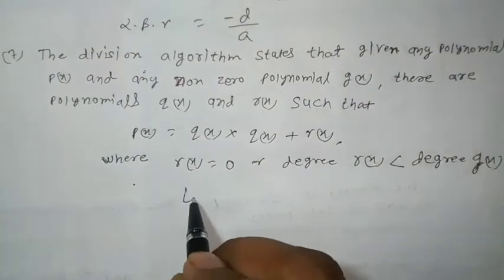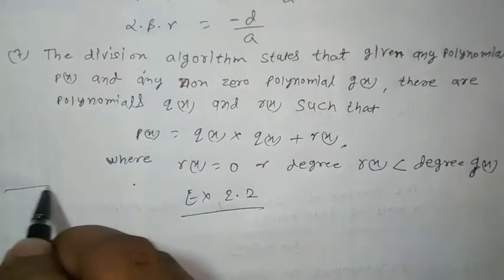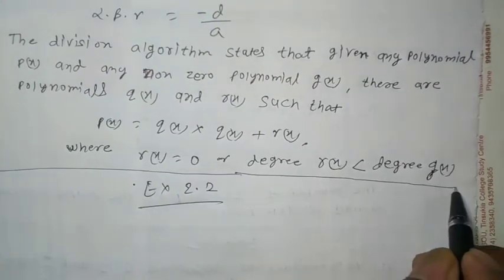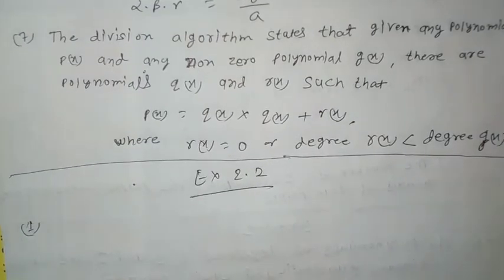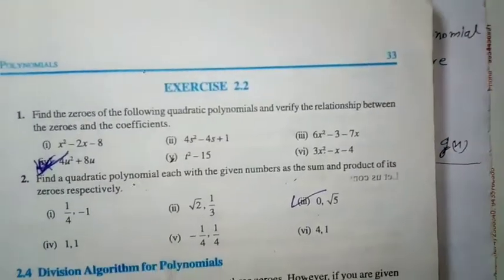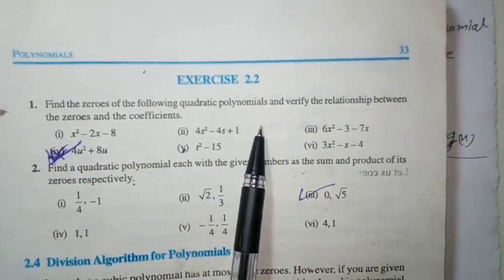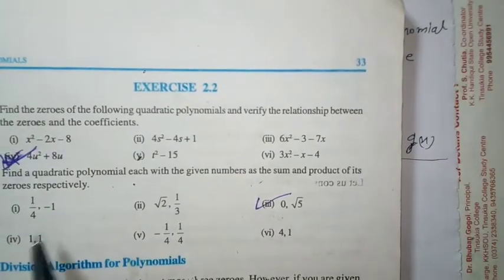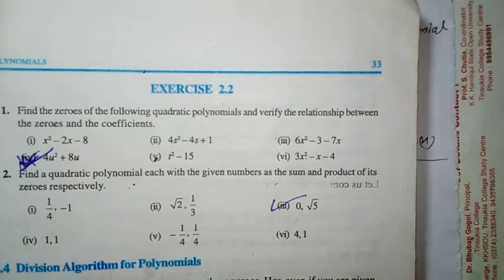Okay, now I am starting exercise 2.2. The first question is: find the zeros of the following quadratic polynomial and verify the relation between the zeros and the coefficients.